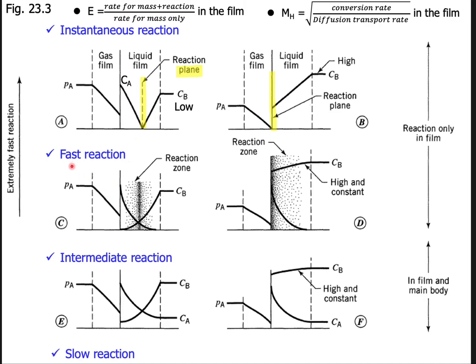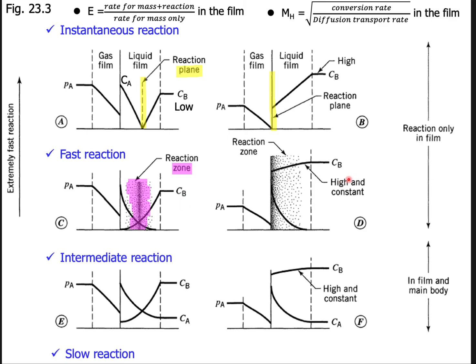And how about if the reaction slows down to fast reaction? Because it's fast, it means when A meets B they will react to generate product, but it's not as fast as instantaneous reaction. So you can observe that instead of a reaction plane, you get a reaction zone here at low CB case.